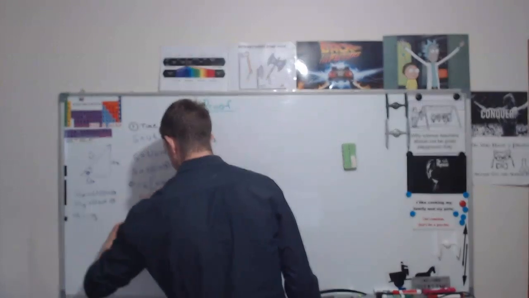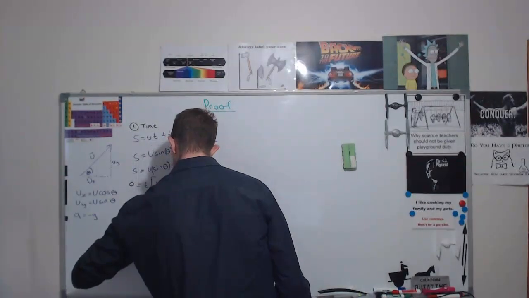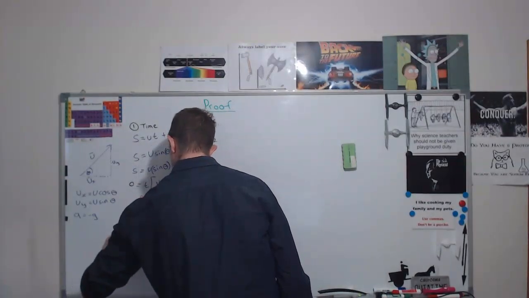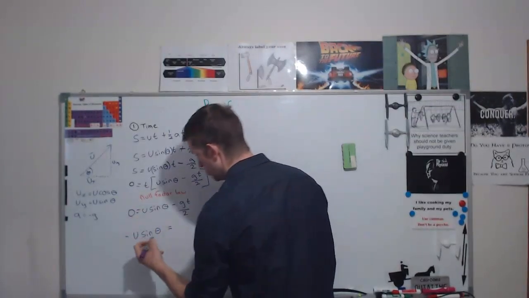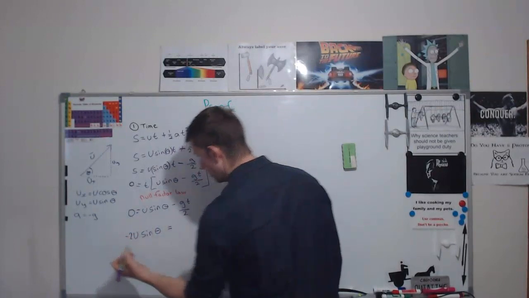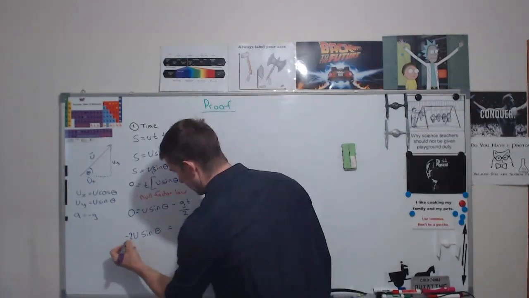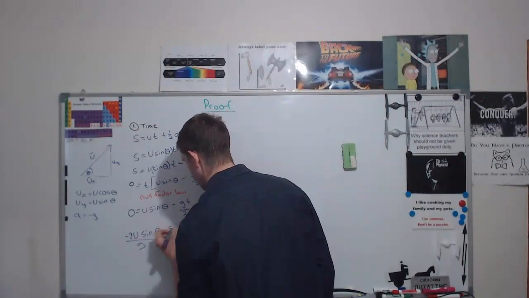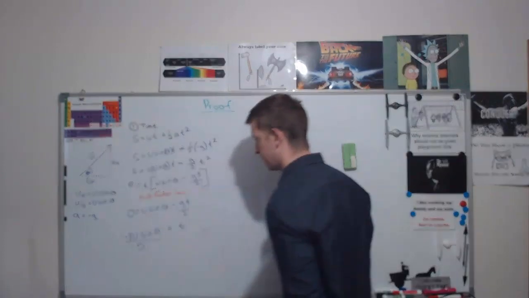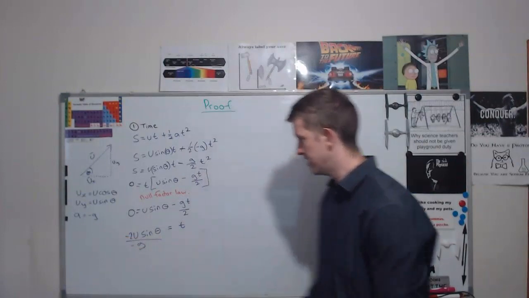So I just solve this for t. I'll put the u sine theta over here, which will become a negative. I can times by 2, so I'll get 2u sine theta. I'll divide by g, and I'm left with time. I've got a negative on a negative, so those can just cancel out.